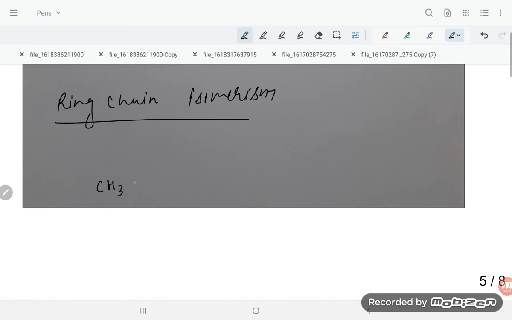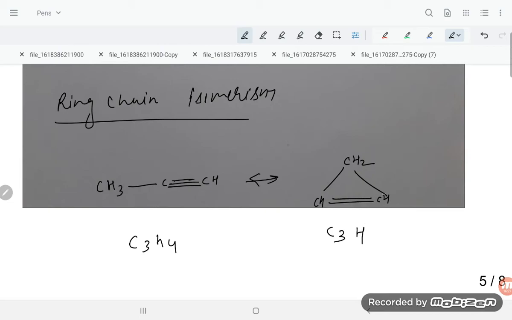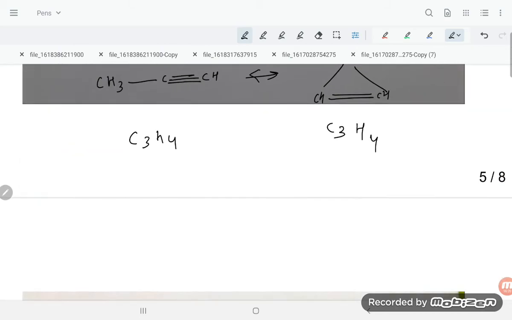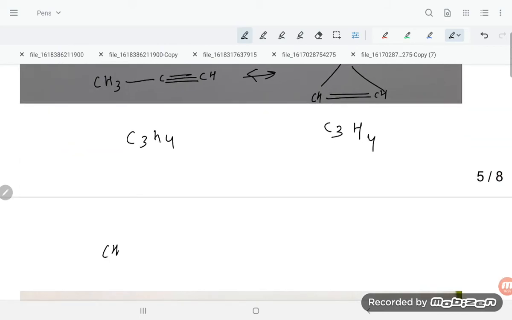Let us have a look over it, student. CH3, C triple bond, this is there. It can go to CH2, here is CH double bond CH. See the molecular formula, here is C3 and H4. Here C3, and H is 4. It is also possible that we have CH3, CH2, C triple bond CH.